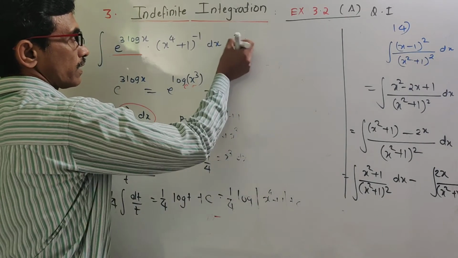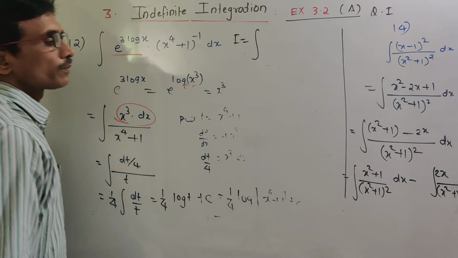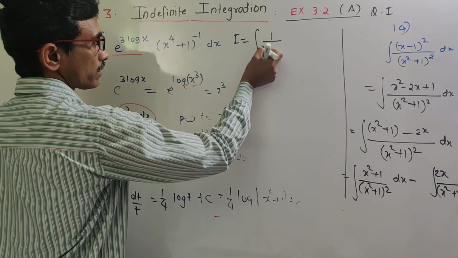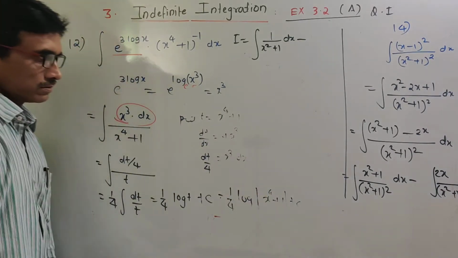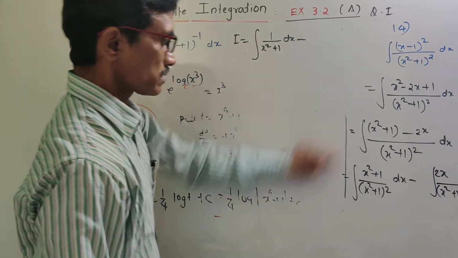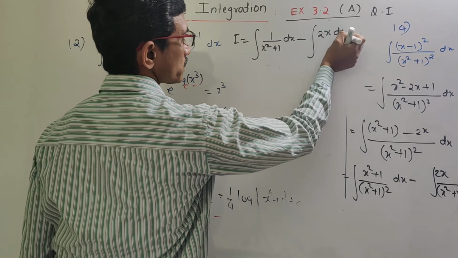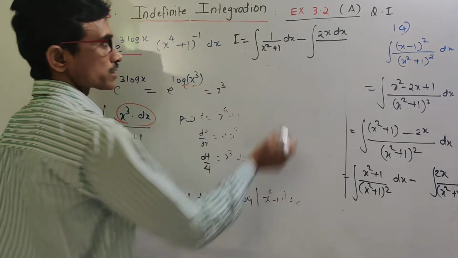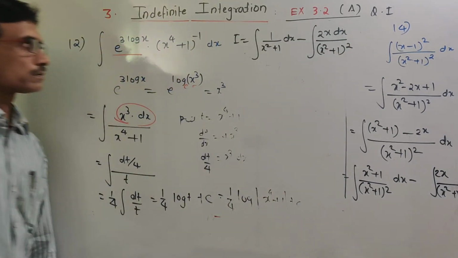So this integral I will be equal to, पहला इंटीग्रल क्या होगा आपका, 1 upon x square plus 1 dx minus integral 2x dx upon x square plus 1 whole square.